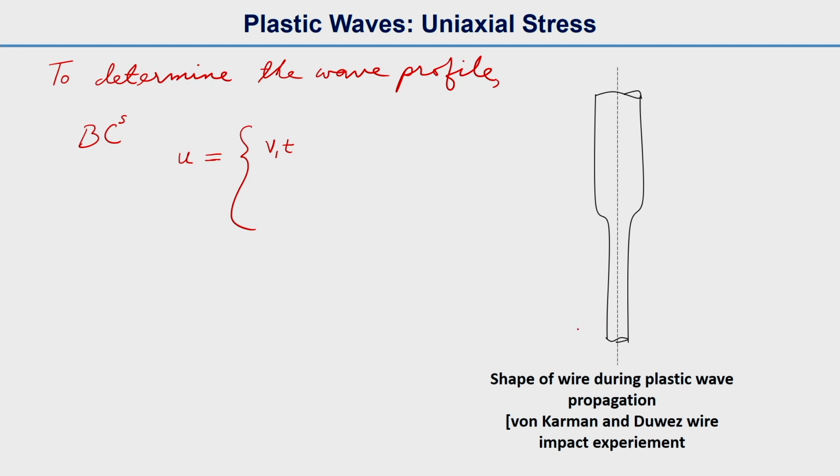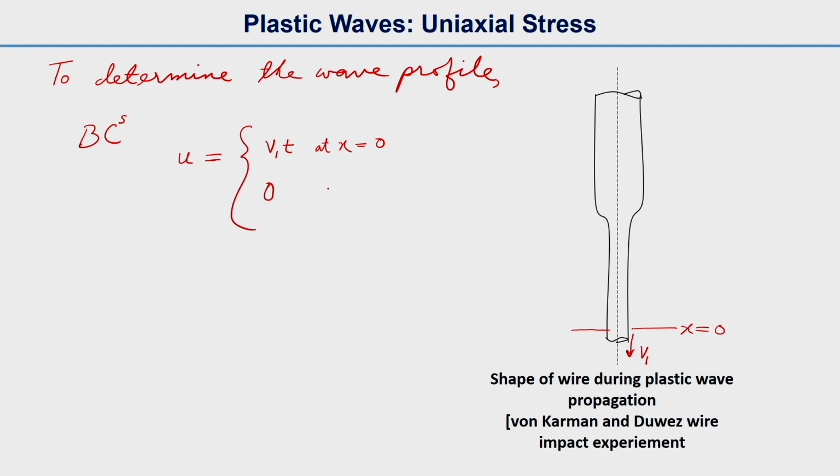Suppose this wire, this is x equal to 0. So at x equal to 0 we have the V1 velocity, that impact velocity. So u is equal to V1t, the displacement, at x equal to 0.